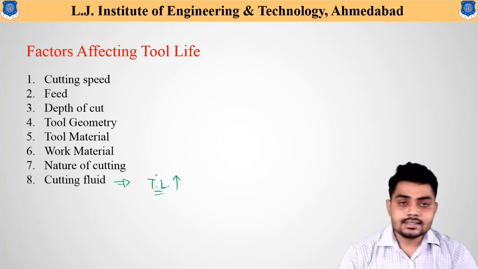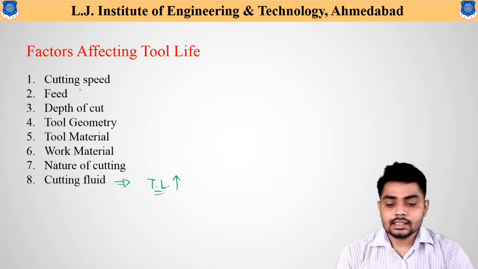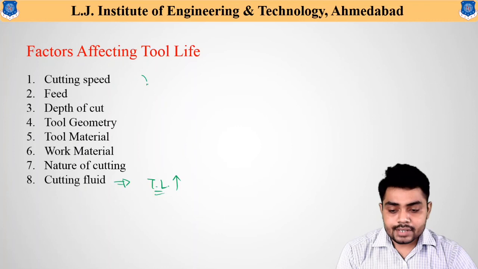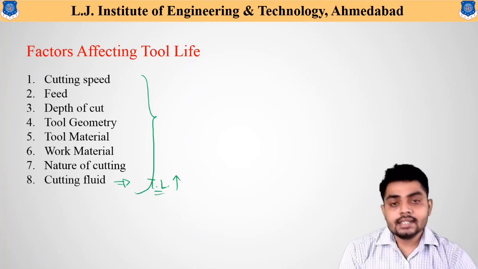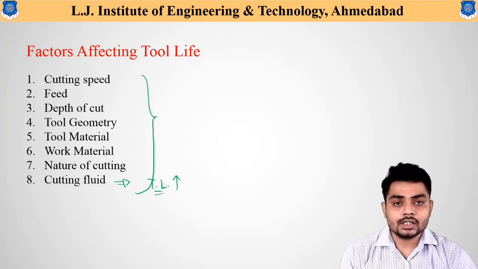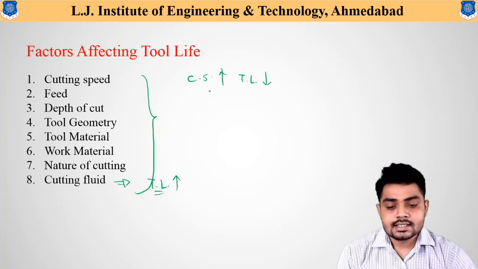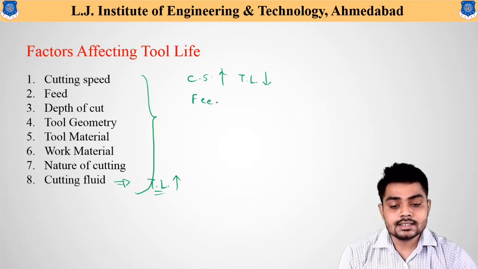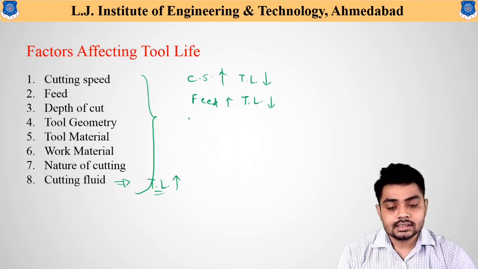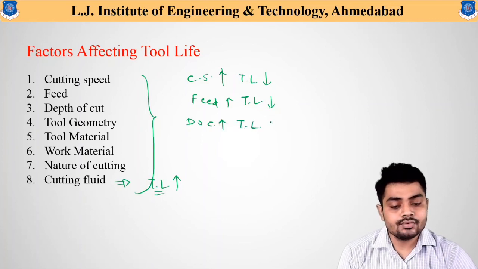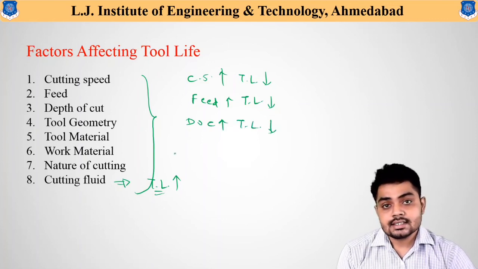So again, in a simple normal way, if all these parameters increase, then what is the effect on tool life? If cutting speed increases, then tool life decreases. Similarly, if feed increases, then tool life decreases. If depth of cut increases, then tool life decreases.